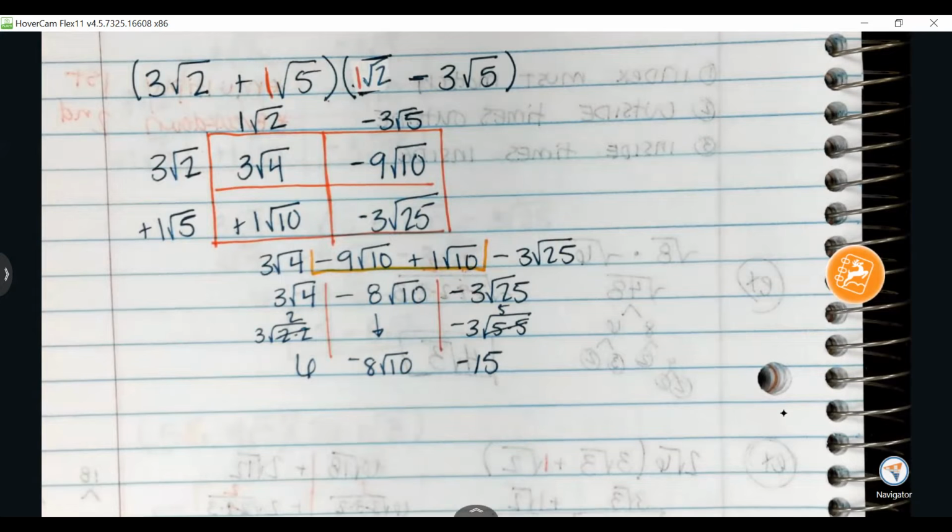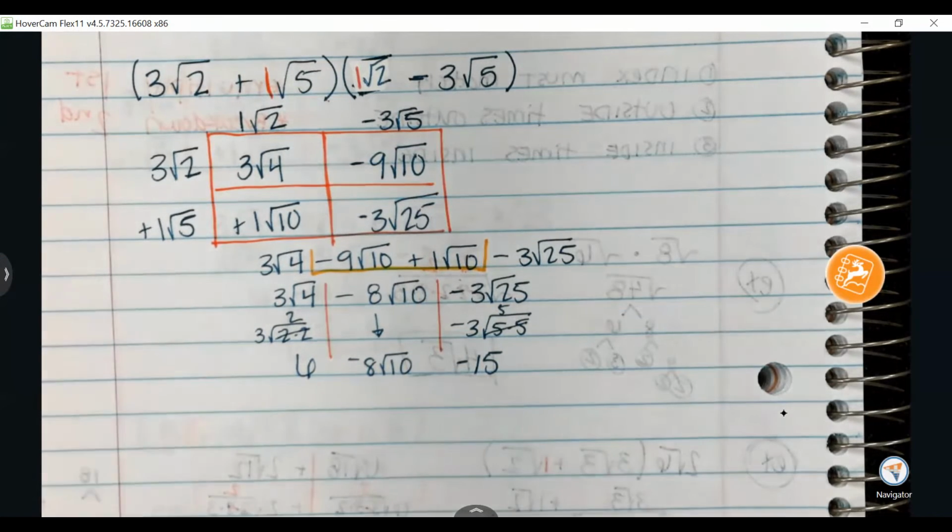10 can break down, but is there actually anything to take out of the 10? No, so I can't really change that answer, okay? So when I get to this part, I have 6 minus 8 square roots of 10 minus 15. Now which ones look exactly the same?